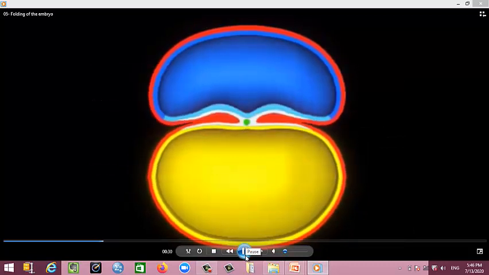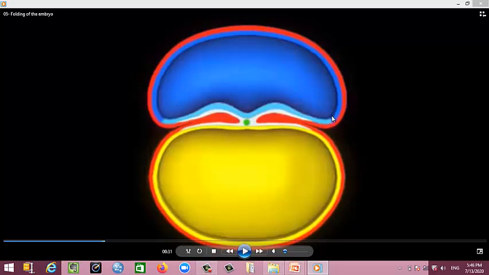Now you see what's happening? The neural folds are rising, and at the same time, the sides of the amniotic cavity are coming closer to the midline.